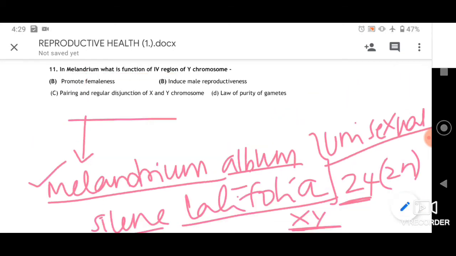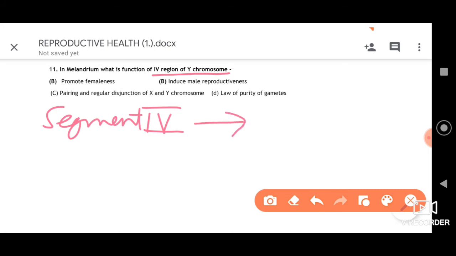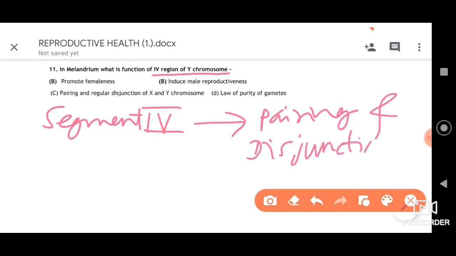Now let me come to the question, dear friends. In melandrium, what does the fourth region of the Y chromosome do? X and Y both have one common segment called segment 4. This segment 4, present on both X and Y chromosomes, helps in pairing as well as in the regular disjunction or separation of the X and Y chromosomes.